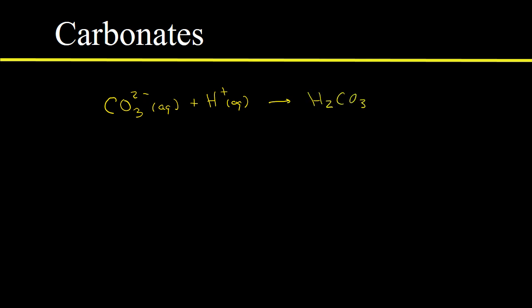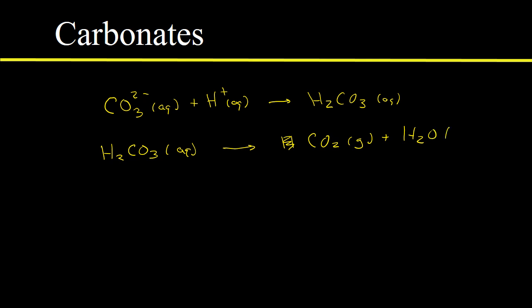they form carbonic acid, and then carbonic acid itself is unstable. I guess unstable is a good enough word for it. So carbonic acid breaks apart into gas phase CO2 and water.